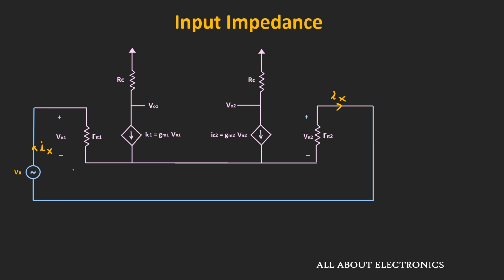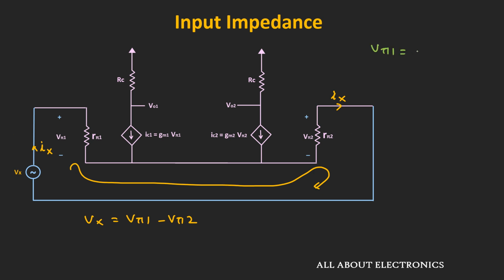So if we apply the KVL in this outer loop, then we can say that voltage Vx is equal to Vπ1 minus Vπ2. And here voltage Vπ1 is equal to Ix times rπ1, while voltage Vπ2 is equal to minus Ix times rπ2, because here this current Ix is going away from this rπ2. So from this we can say that voltage Vx is equal to Ix times rπ1 minus Ix times rπ2.